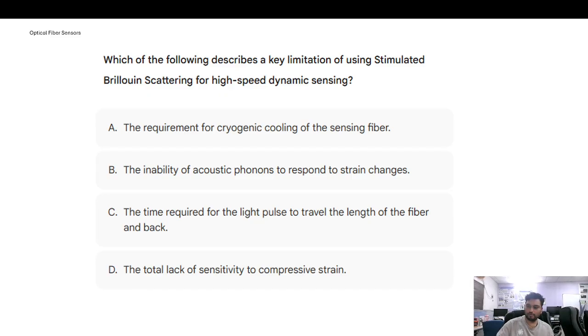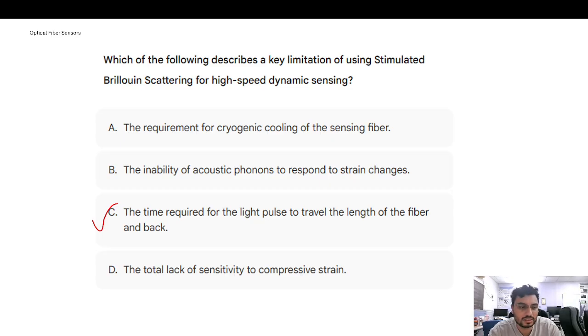Guess anything if you can. Option C, the time required for the light pulses to travel the length of the fiber and back. Yeah, correct. What is happening here is it depends only on the time of flight.